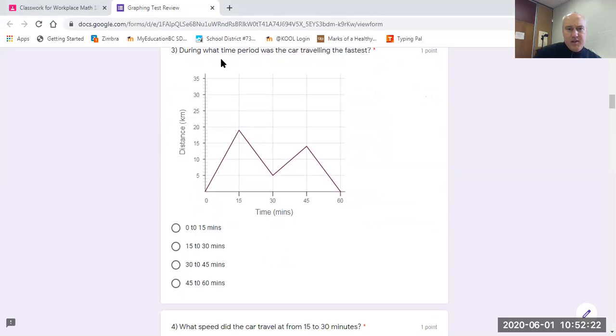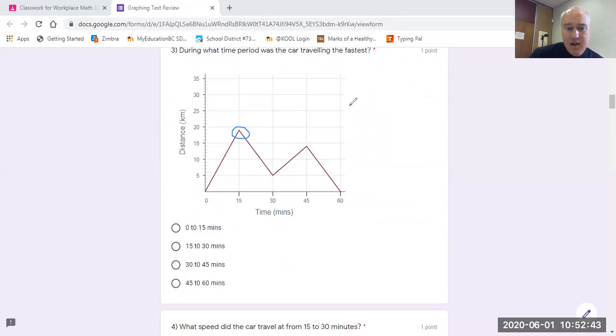So question 3 says, during what time period was the car traveling the fastest? So this is once again a line graph, but this is a travel graph. And it's asking us, when was this traveling the fastest? Well, speed is distance over time.